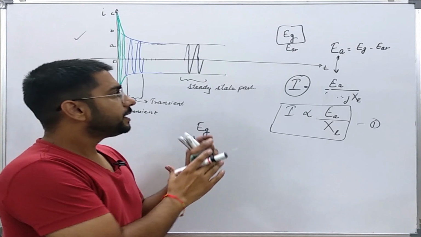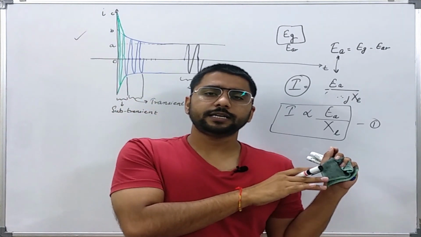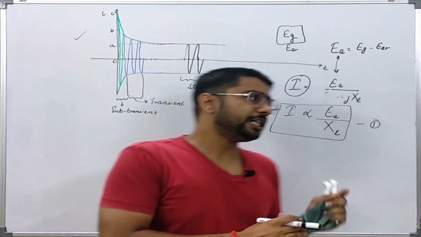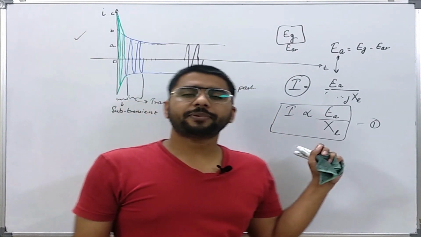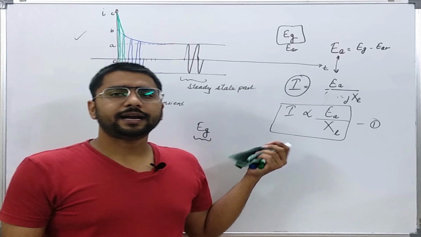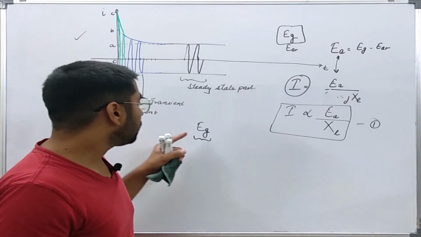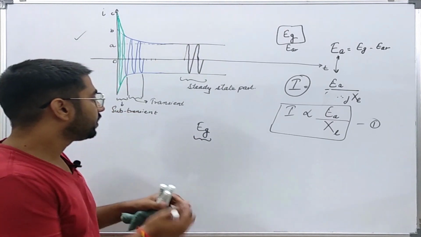To keep the air gap flux constant, there will be induced flux in the field winding and the damper winding. Okay, and there will be induced flux due to the armature winding also. So what will happen?